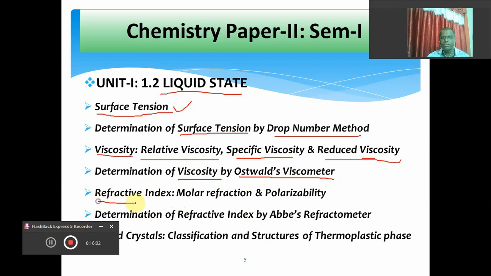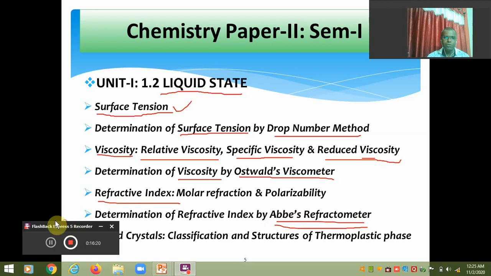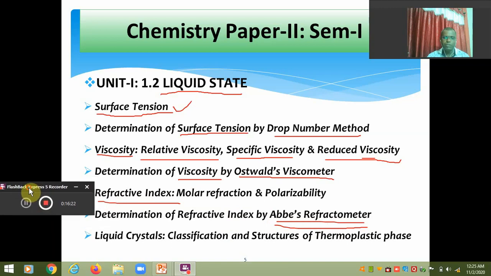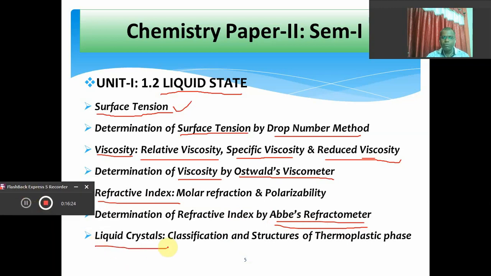Another characteristic of liquid: whenever light passes from one medium to another medium, that property is called refractive index. And how this refractive index is calculated with the help of the Abbe refractometer, that we will also discuss during the study of the liquid state. Again, the liquid shows another feature, that it can exist in crystal form, and such substances are called liquid crystals.